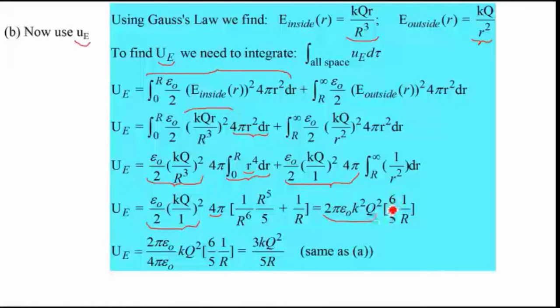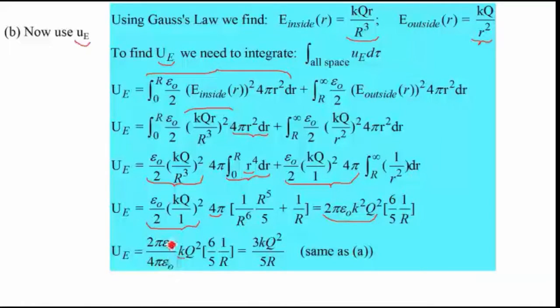Adding up what's in the brackets, we have 6 over 5 times 1 over R. So you'll notice here we have a 1 over R and a 1 over R, so that gives us this quantity here. Again, making simplification, I'm going to keep 1 over k, and I'm going to change k to 1 over 4 pi epsilon naught. So that's where this came from here. Why?